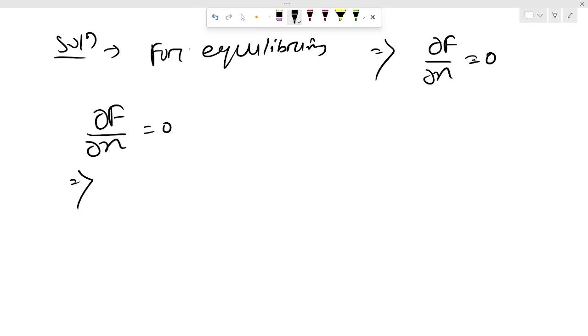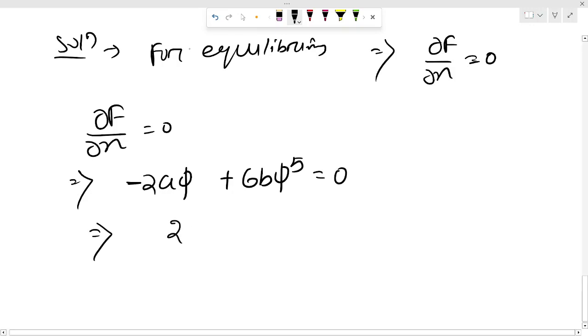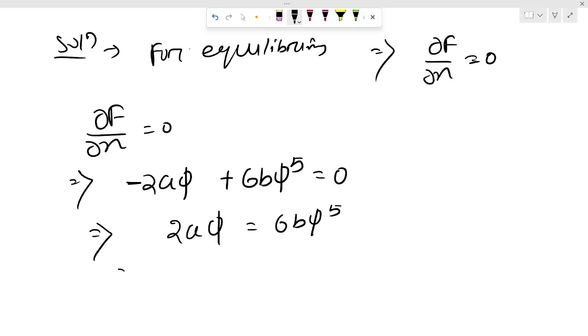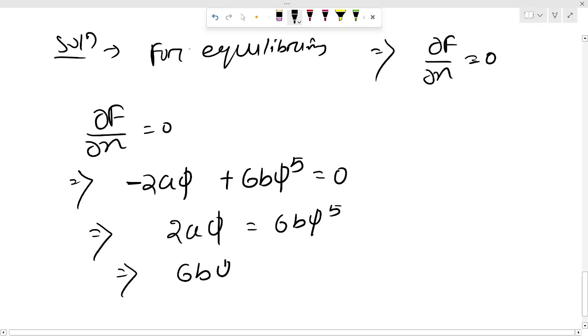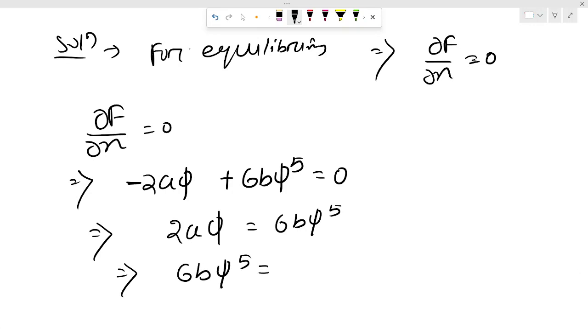That implies if I take the derivative of f with respect to phi, it becomes minus 2a phi plus 6b phi power 5, which is equal to 0. So solving, you get 2a phi is equal to 6b phi to the power 5.